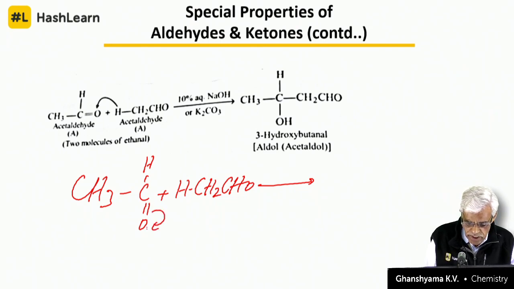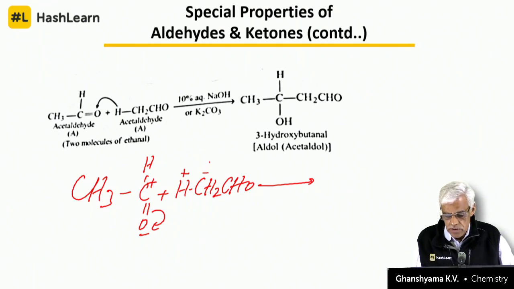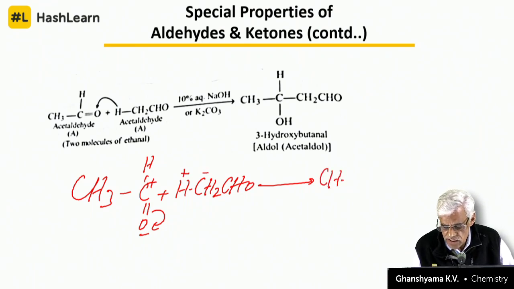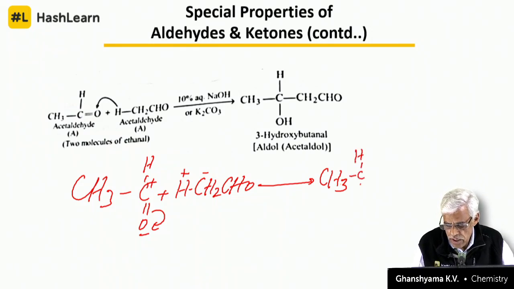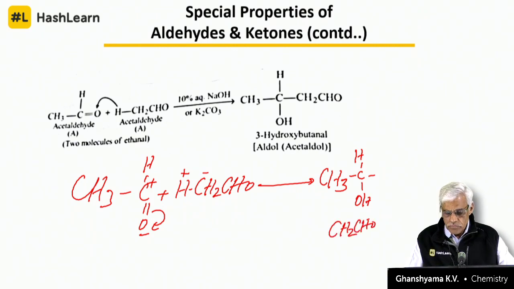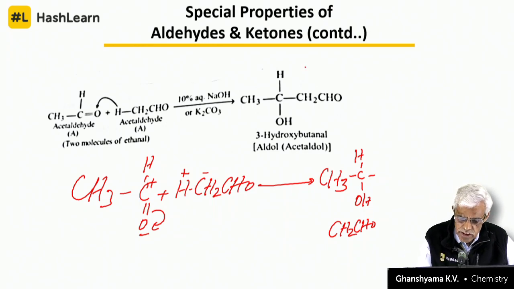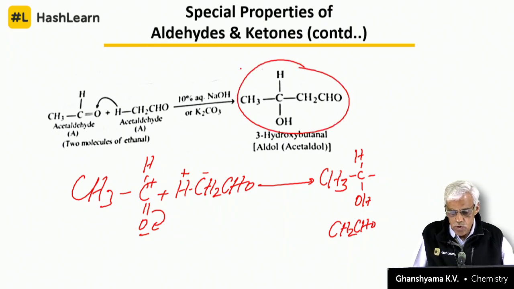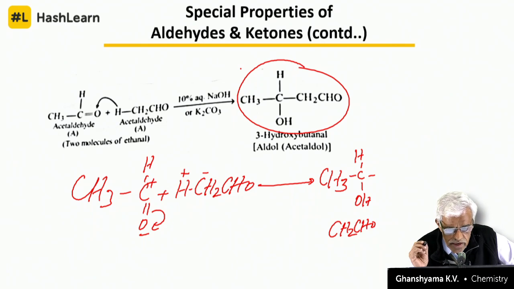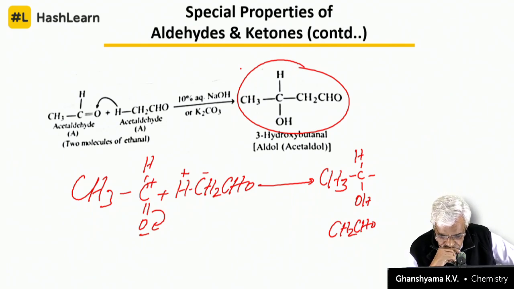So, this is minus, this is plus, this is plus, this is minus. Therefore, you get the addition compound CH3 CHOH CH2 CHO. This is how the reaction takes place.